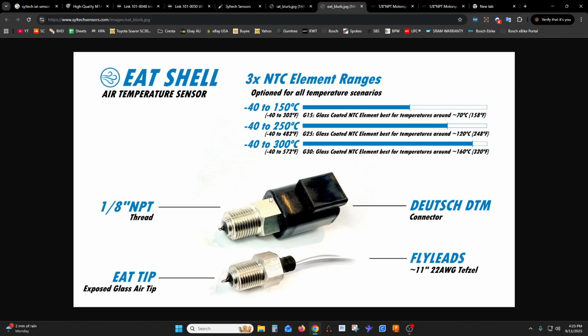Now, I'll take that back, because if I had enough outputs left, which I don't think I do, I could actually use this sensor to drive an intercooler spray.